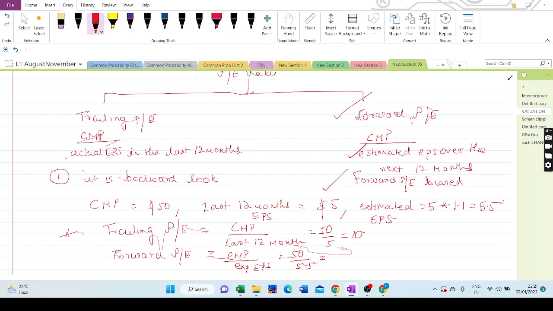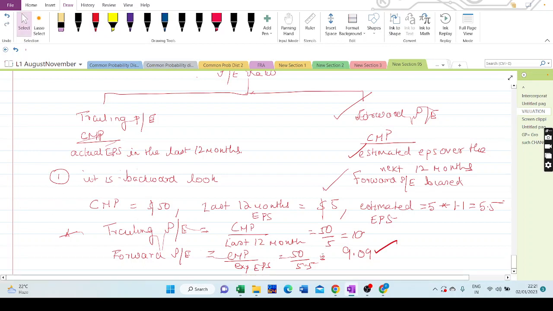That is how much? 9.09. So guys, the thing that I'm trying to tell you is that we had estimated the growth in EPS to be 10%.